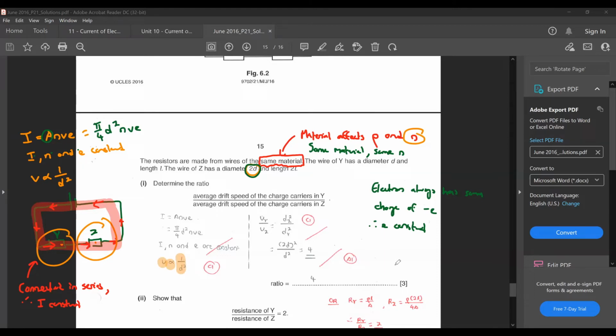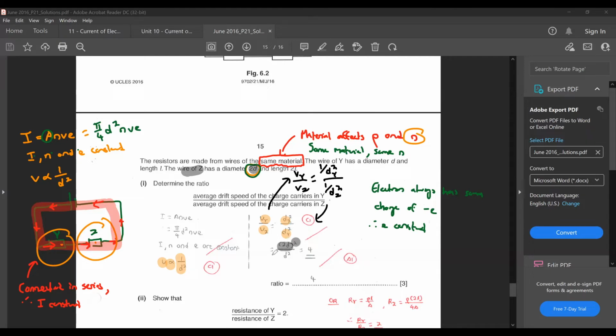Then from there, you can make the relation of vy to vz as dz squared over dy squared, because it came from this. You're talking about vy over vz is 1 over dy squared over 1 over dz squared. So eventually giving you this. From there, you just substitute your values. dz is 2d.